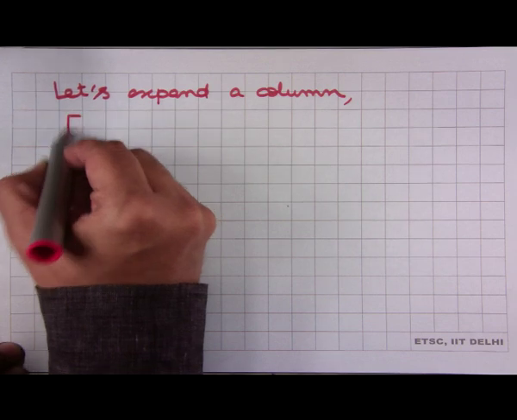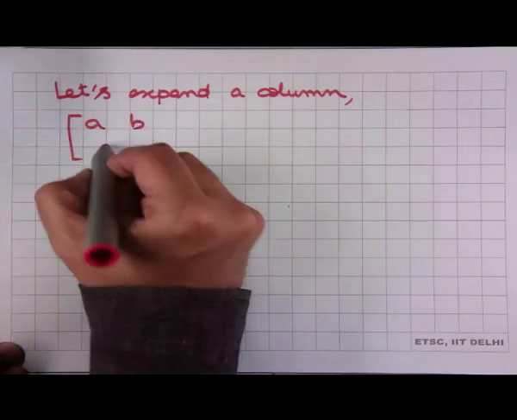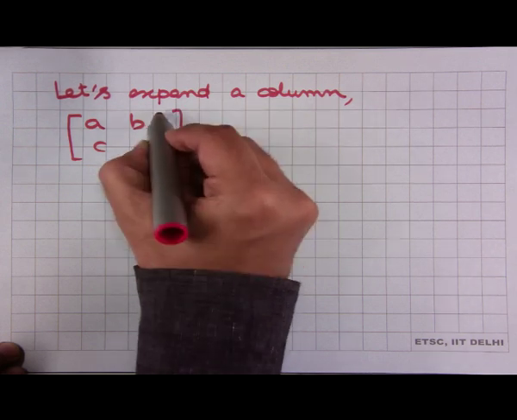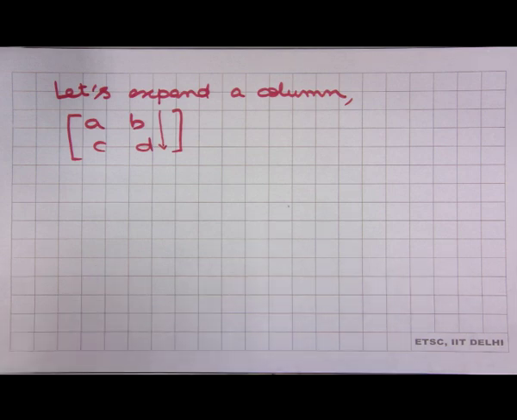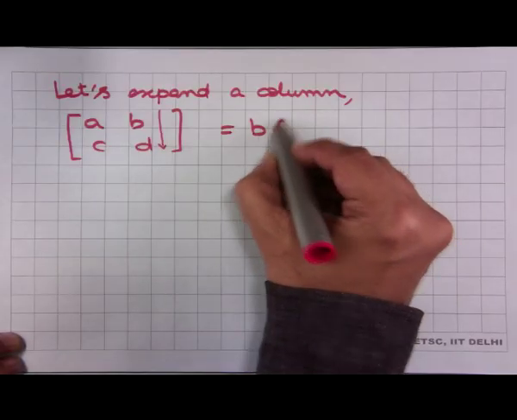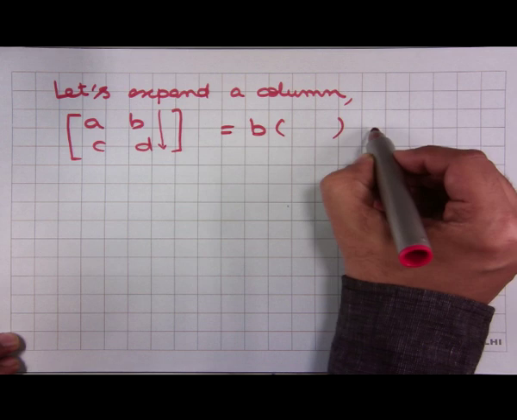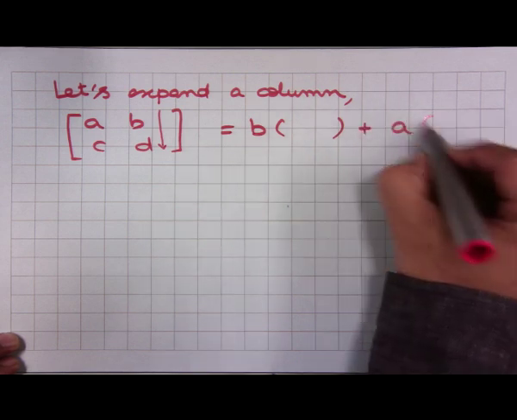So, let us check that by expanding along a different column and seeing whether we recover the same number or not. So, here is the matrix A, B, C, D, and let us expand along this column. As before, it is a sum of products. The first product term is going to be B times its cofactor, plus D times its cofactor.